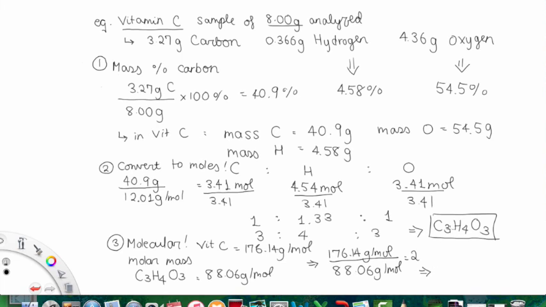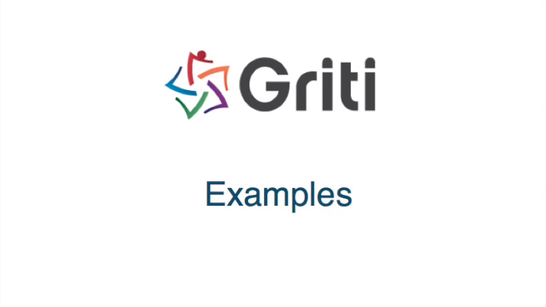We just multiply each of these quantities by 2, so we end up with C6H8O6. As you can see, the ratio between the carbon, hydrogen, and oxygen is still 3 to 4 to 3, but from the molar mass we found out that we need double that of each element. So we did it: C6H8O6.